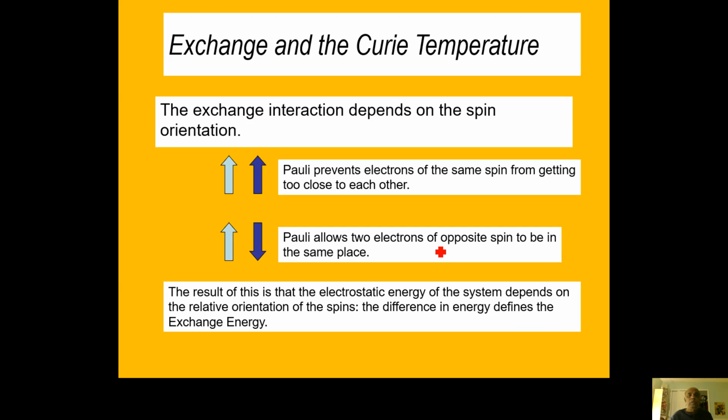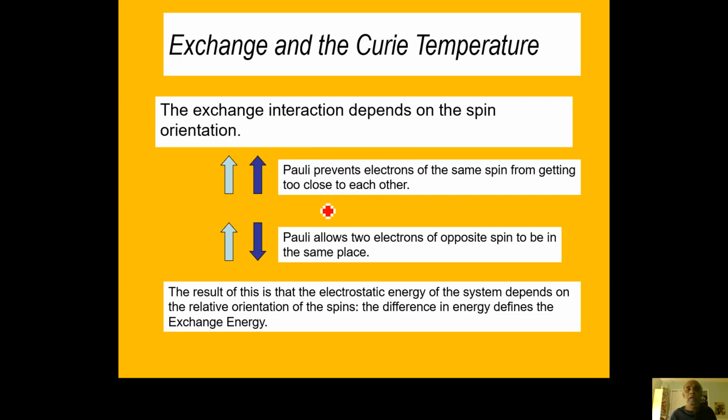Also we know the exchange interaction depends on the spin orientation, right? If you have two spins, we know they cannot be in the same state according to the Pauli exclusion principle, right? They cannot get too close. If they come too close, then they are going to occupy the same state. That is a violation of the Pauli exclusion principle.